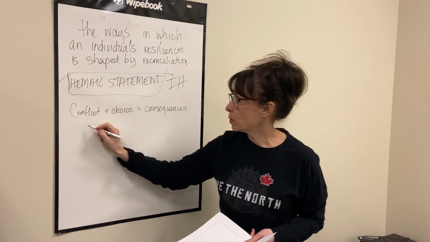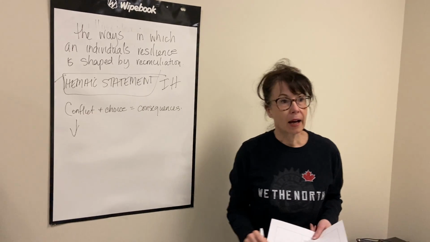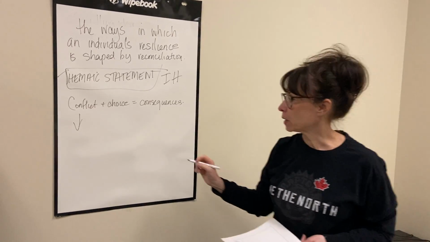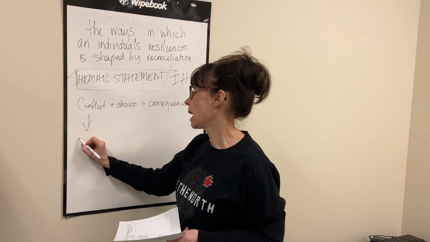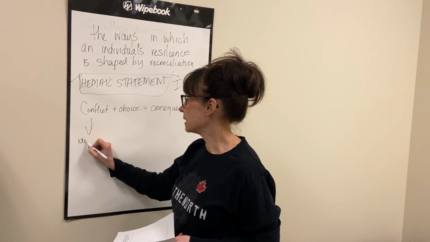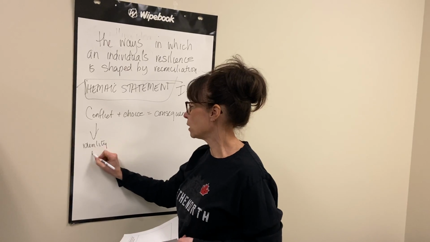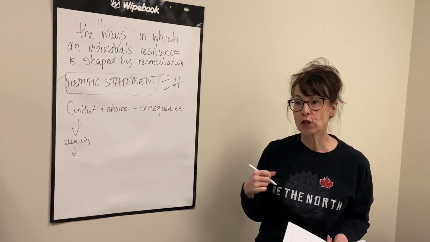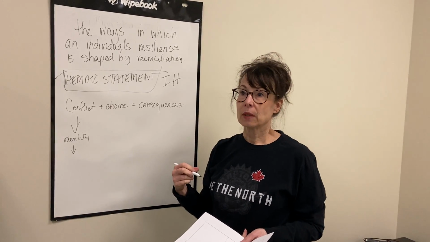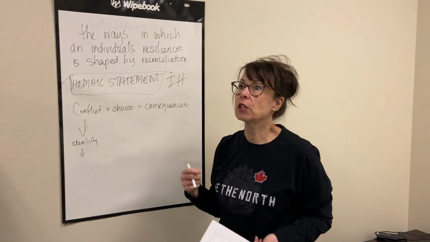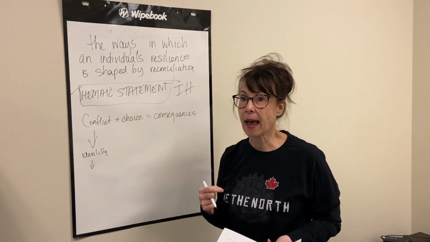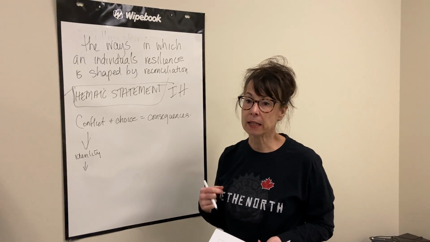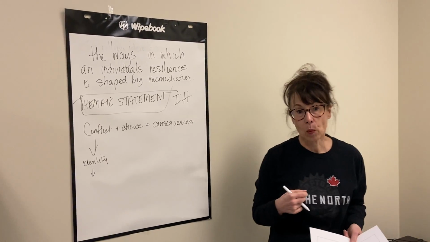So, let's just be specific here for a minute. His conflict was, I would say, identity. He had to reconcile himself to the fact that he was Indigenous, even though he suffered great persecution and harm and trauma at the residential school, and then he was discriminated against while he was playing hockey.